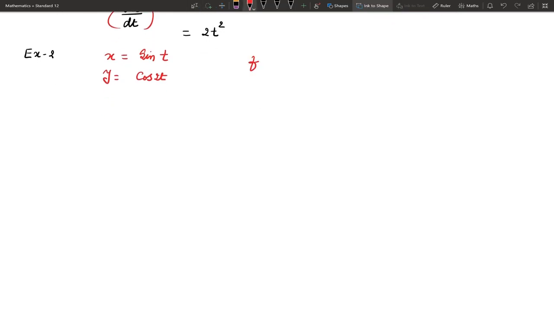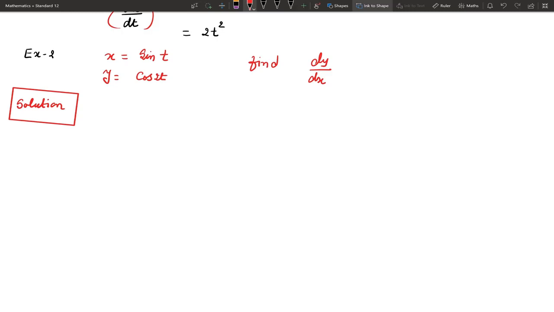Find dy by dx. Solution. x is function of t, y is function of t. Here t is the parameter.